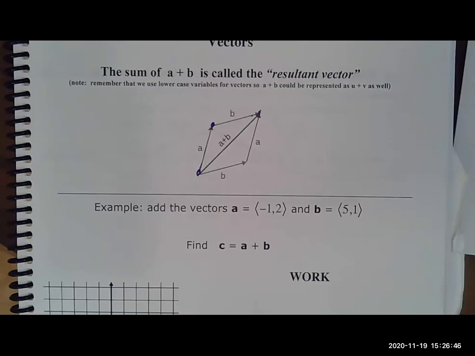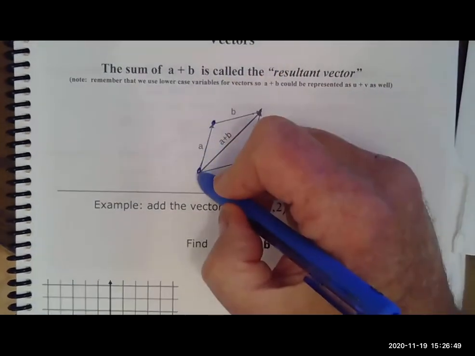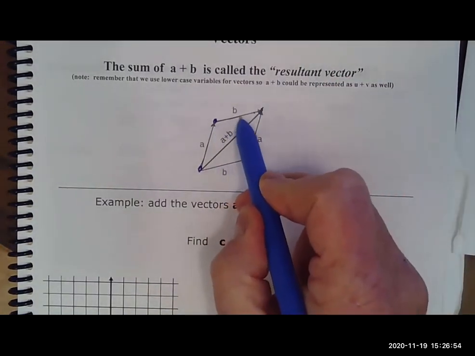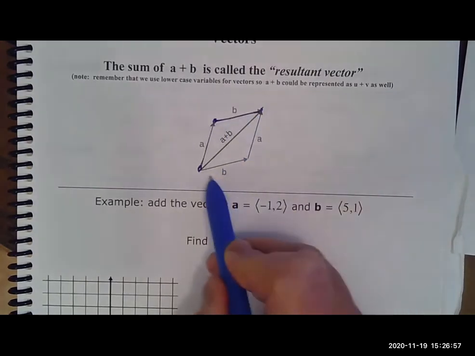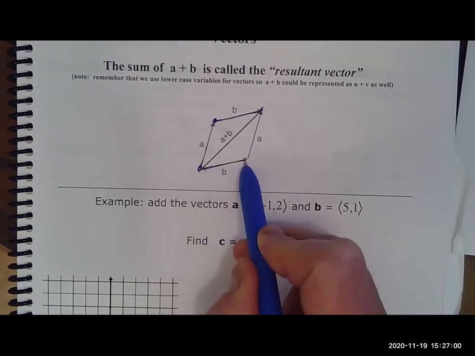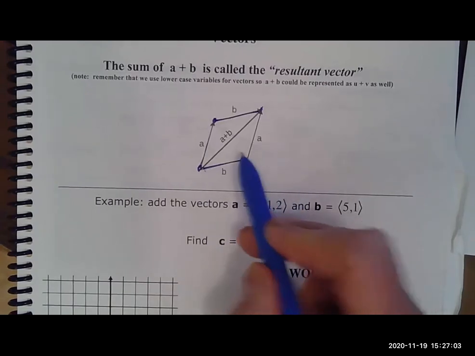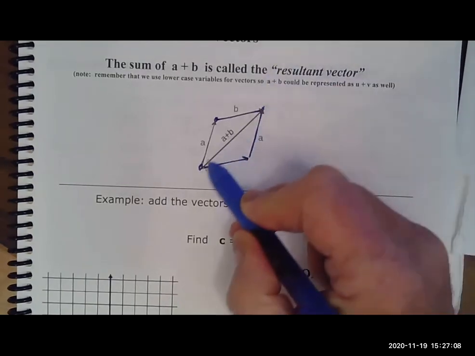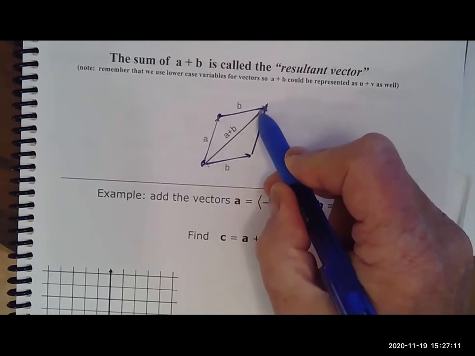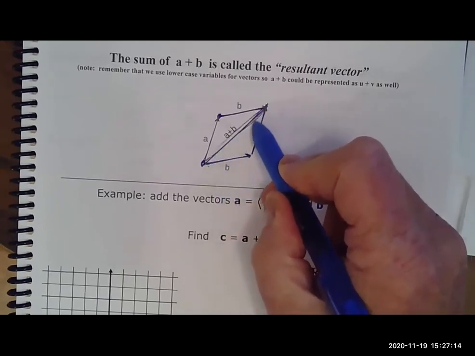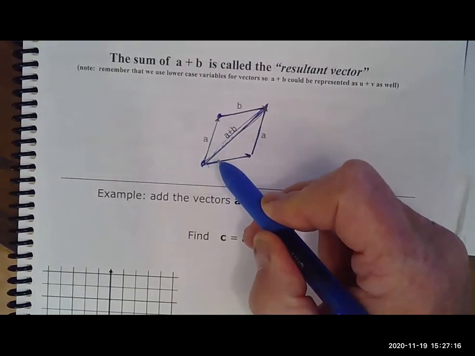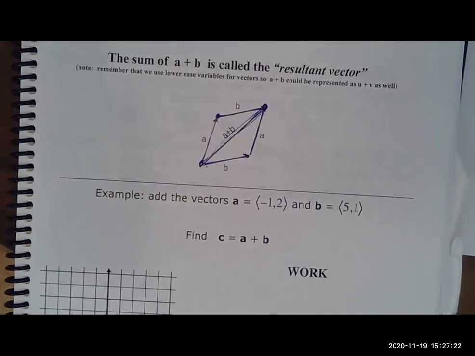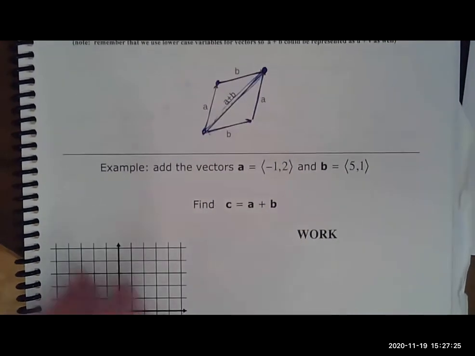When you add two vectors, you actually create here the top half of a parallelogram, because if vectors are equivalent, then this vector right here is the same as this vector right there. It's the same direction angle because they're parallel, and the length is the same. And likewise right here. So then if you've got a parallelogram, the vector that you get will end up being right there. It'll end up going right at the end. So instead of talking so much about it, I'll just show you.